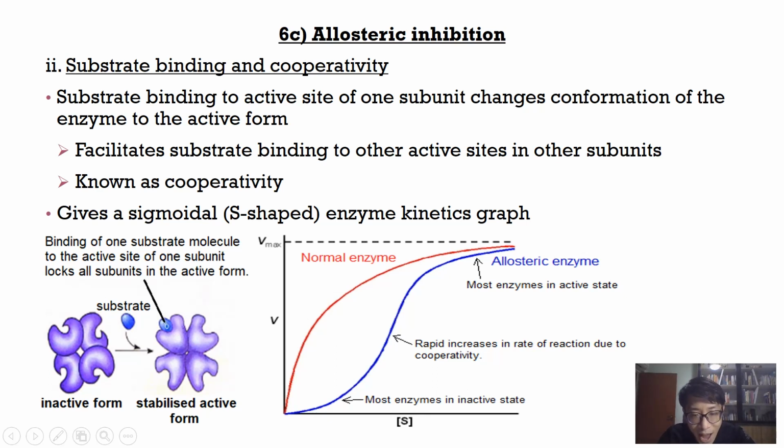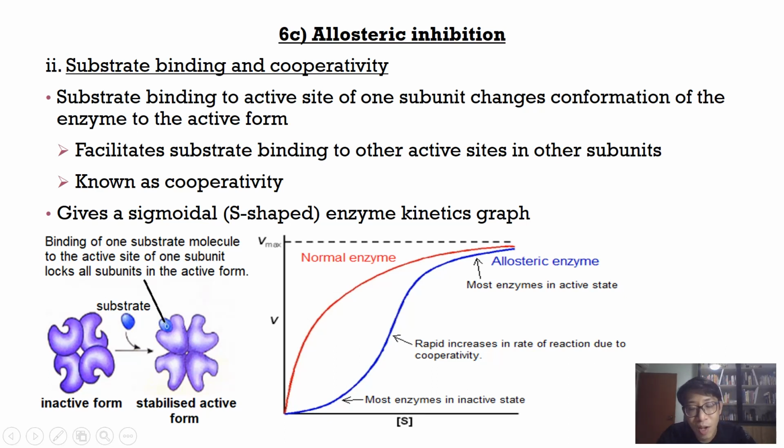But for the allosteric enzyme, the increase at first, at low substrate concentration, is slower, because most of the enzymes are in the inactive state. The affinity for the substrate is very low, so at the same substrate concentration, the rate of reaction would be slower. It is less likely to form the enzyme substrate complex.